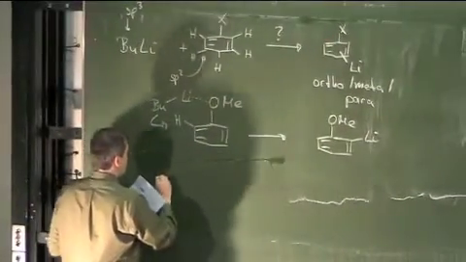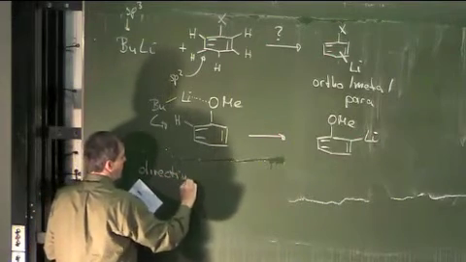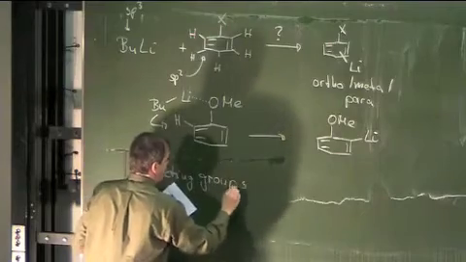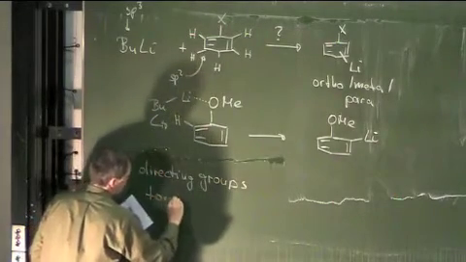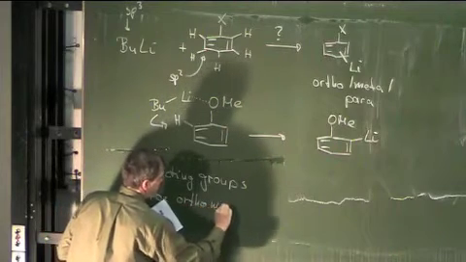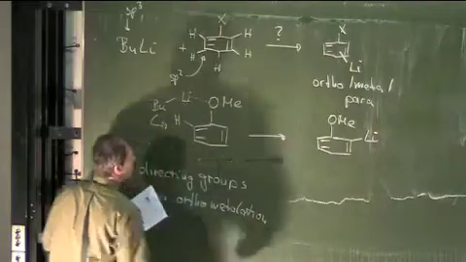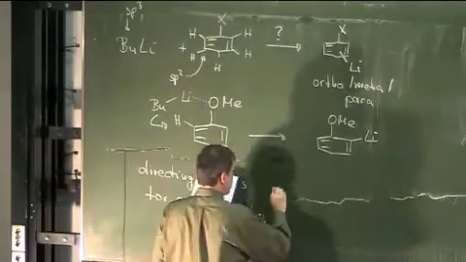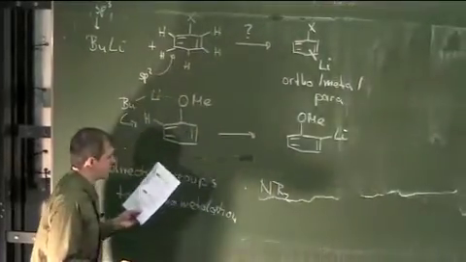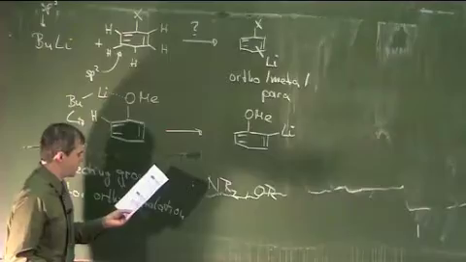There can be other directing groups. For ortho-metalation, nitrogen substituents are directing. Alkoxy substituents we already had.